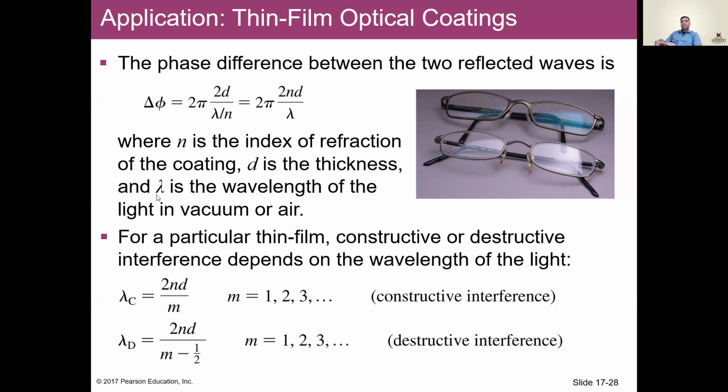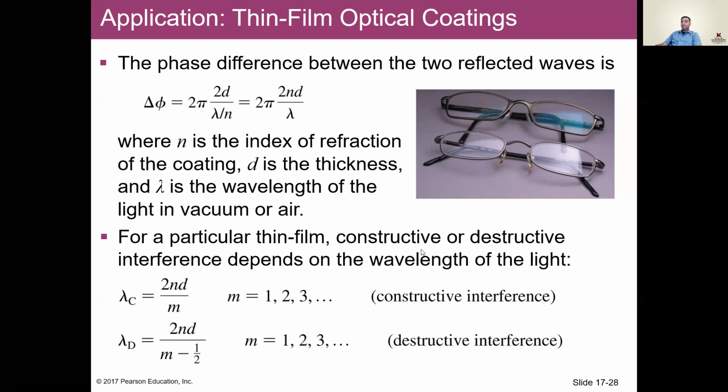So imagine you are given a problem with 800 nanometers or 400 nanometers or 500 nanometers. You are going to use that wavelength value. If you are given glass, then you will use 1.5 for n to solve that problem.